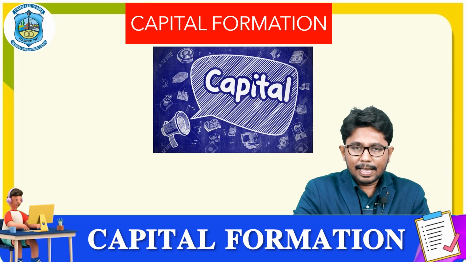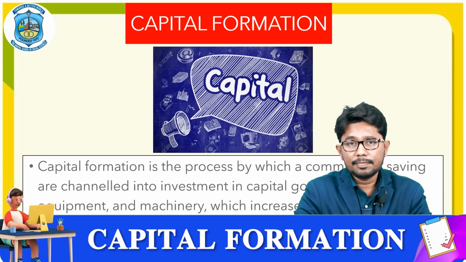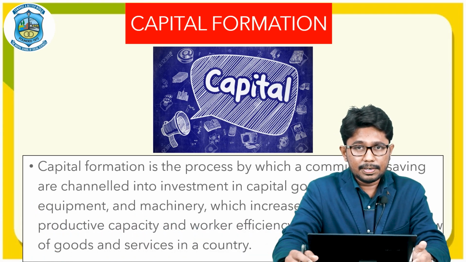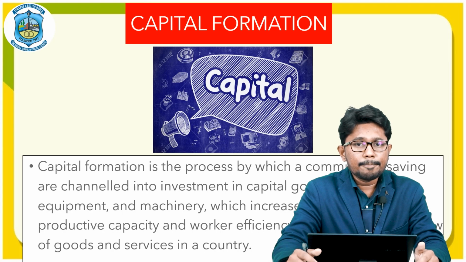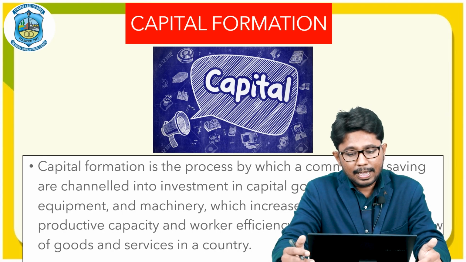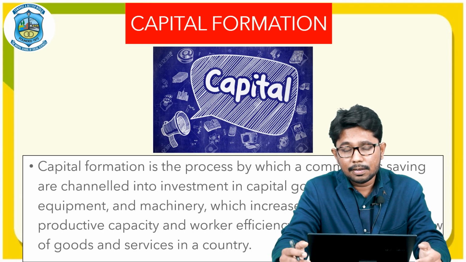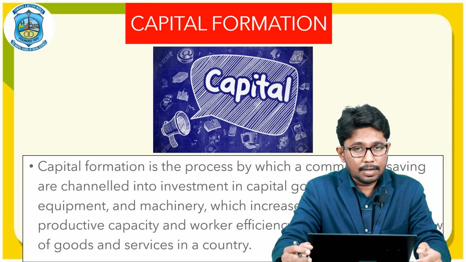Now the second one is capital formation. We understand from the theory of Adam Smith, the capitalist theory, that there will be less government intervention in the economy and the means of production should be owned by private individuals. So if we have capital and an idea to formulate the capital, we will definitely succeed in the development process of our nation.